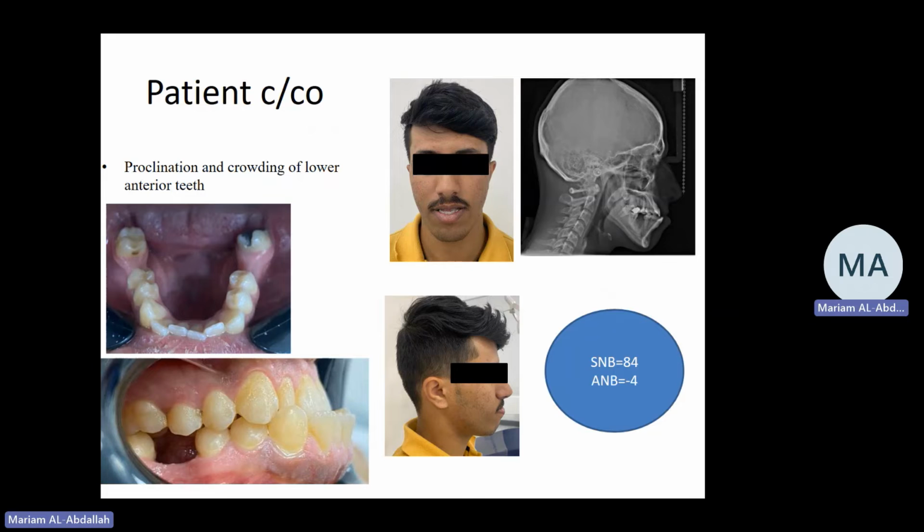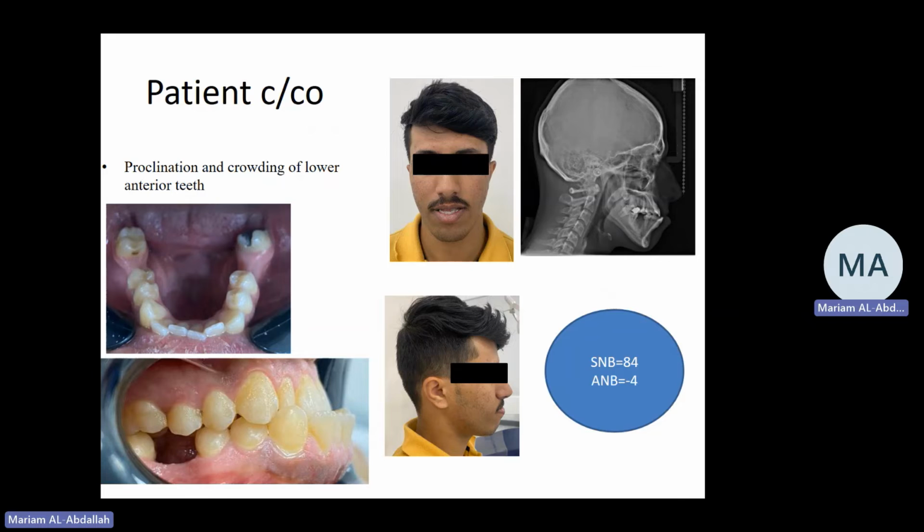So we had to show him photos, we had to talk to him, we had to get a surgical consultation to educate the patient that the problem is not with the lower incisors, the problem is with the lower jaw. The whole jaw is prognathic, with increased vertical proportions. The ANB is -4. So part of our treatment is not to retrocline the lower incisors, because they are not proclined, okay?